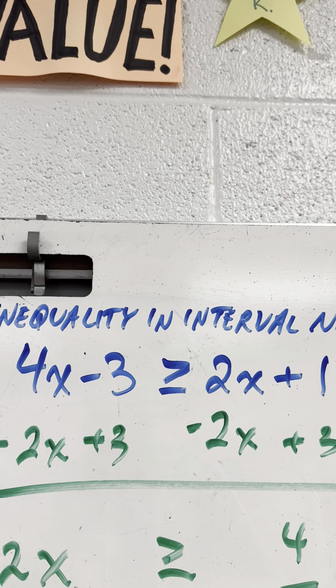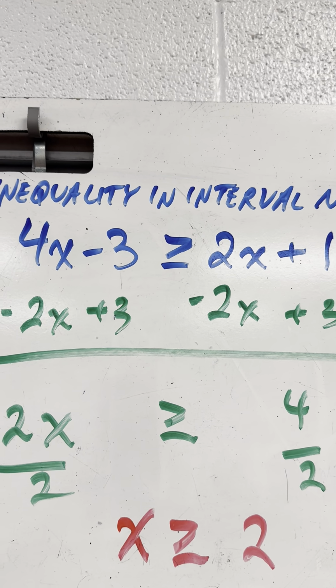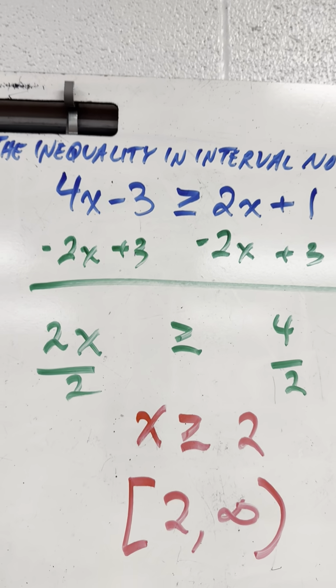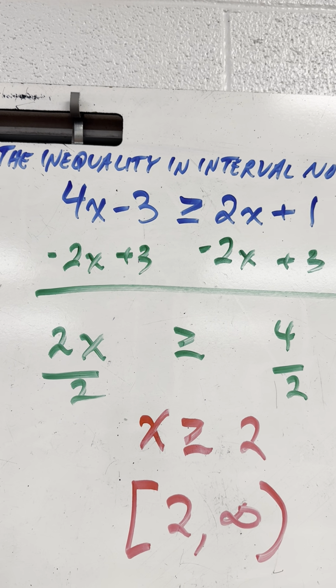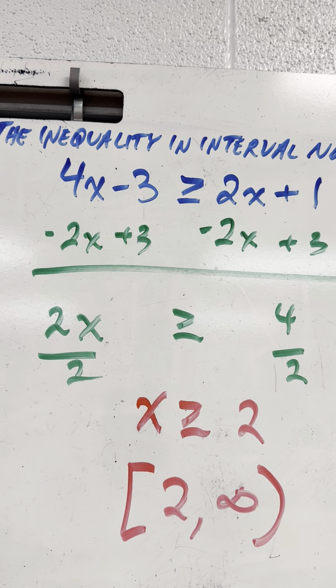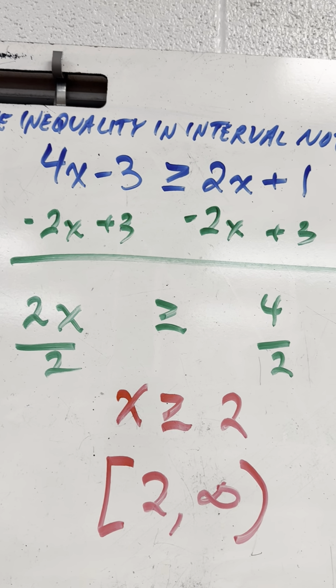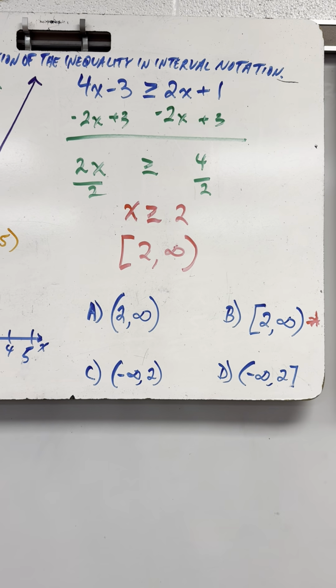I get 2x greater than or equal to 4. Divide by 2, x greater than or equal to 2. This is the exact same answer. 2 to infinity. Filled in, it's a bracket, and of course a parenthesis around infinity. So that's answer B in this case.